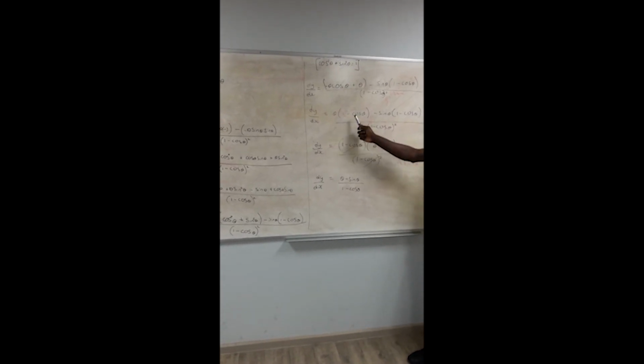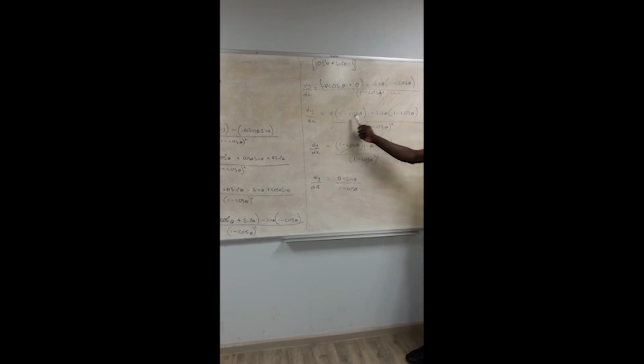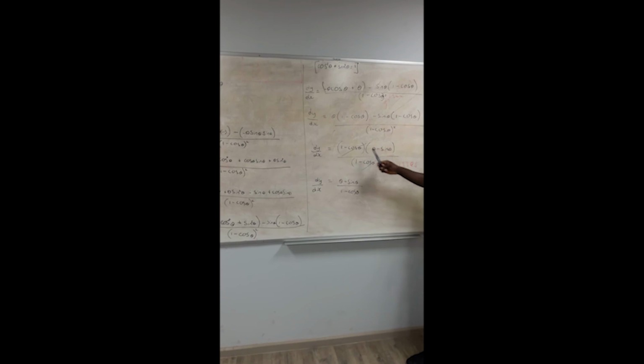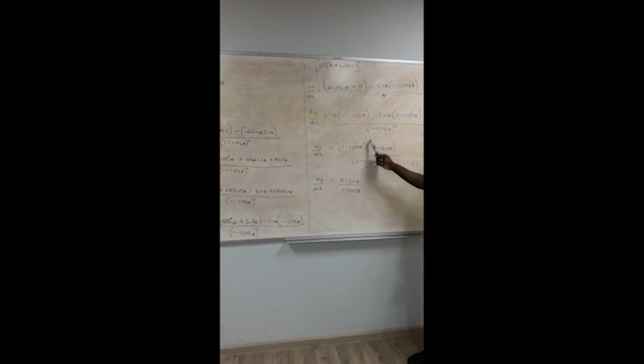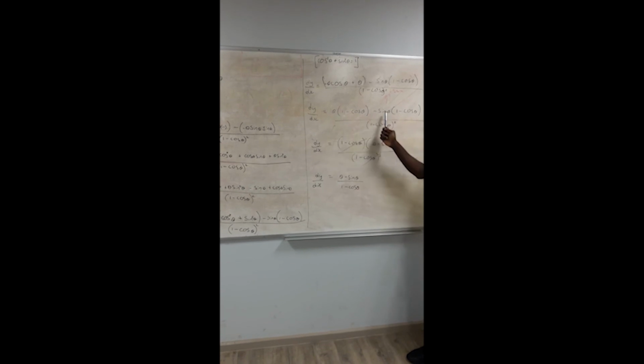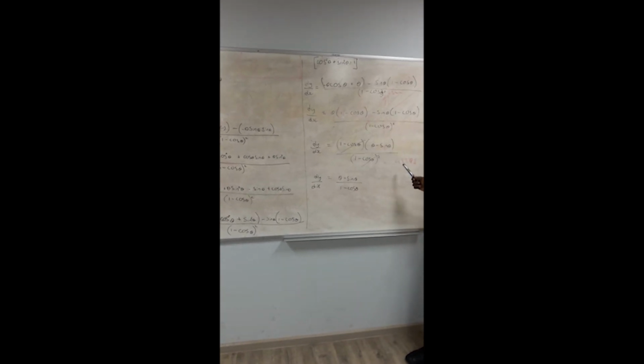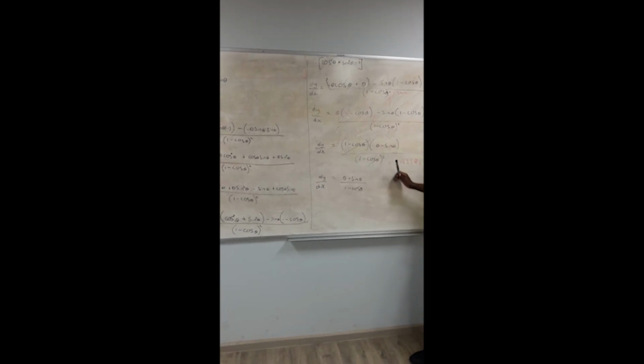And at this point, you can see there's two common terms here, so again you can factorize. So it's going to be this term times the term that is remaining, which is theta minus sine theta, all upon this term squared.